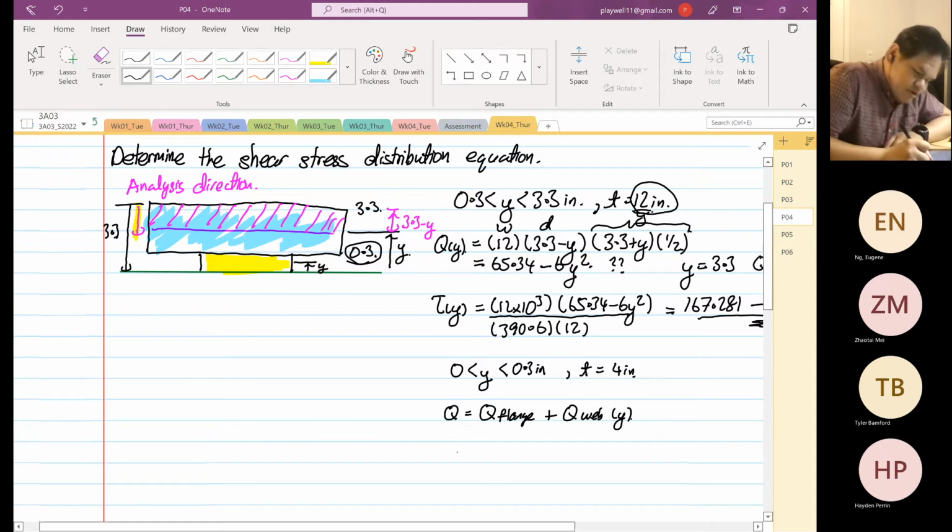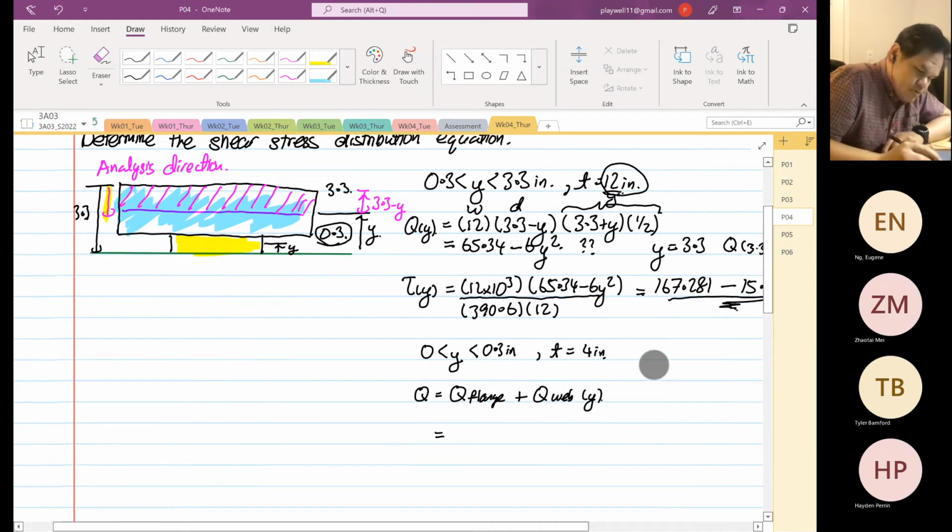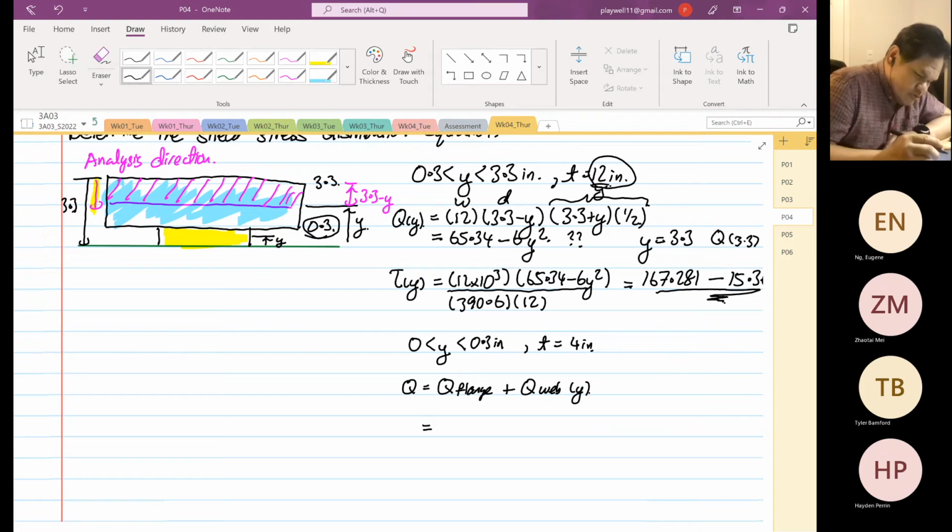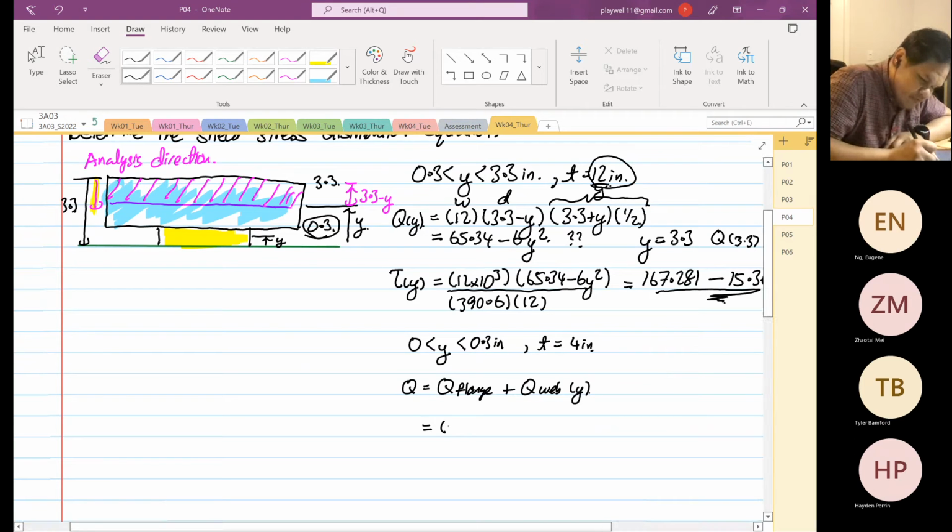Okay. So this will be equal to, the width is 12, the depth is 3, so the whole thing is 3.3 minus 3 divided by 2, right? So this is your y bar. In fact, we have this value already. I was just doing it again.